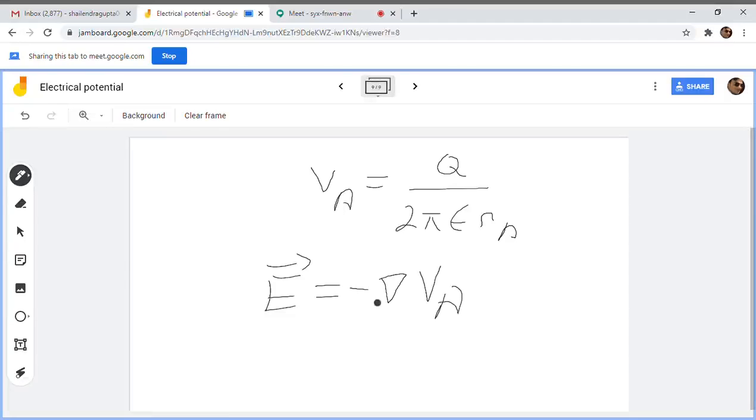So gradient is given in the rectangular coordinate system. We are talking about the rectangular coordinate system. For spherical and cylindrical, I will give the overall equation, so don't worry.